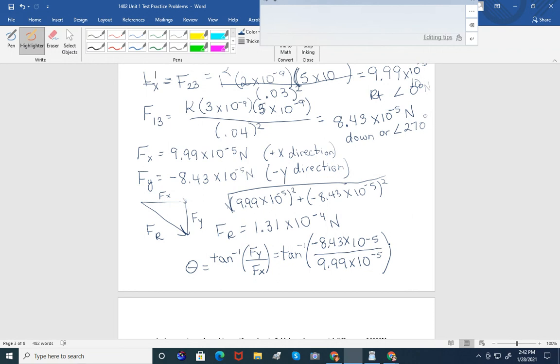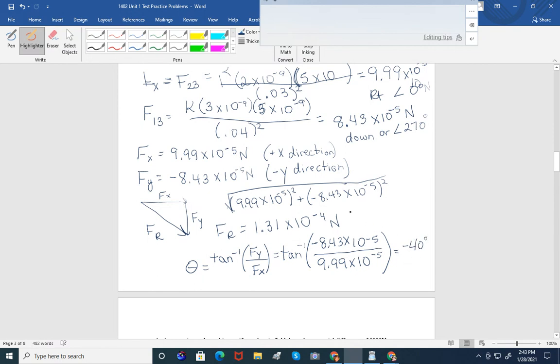I think it's 40 degrees, but let's double check this. Tangent inverse of negative 8.43 divided by 9.99. And the answer comes out to be negative 40 degrees.